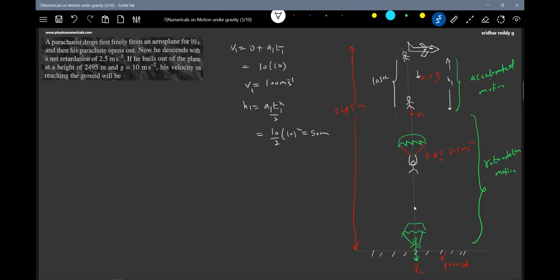The remaining height is where he is going to decelerate with a retardation of 2.5. So H1 plus H2 is 2495 meters. So 50 meters plus H2 equal to 2495. If you remove this 50, 2445 will be there.